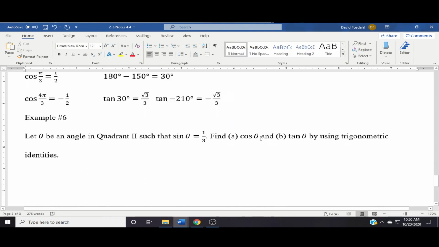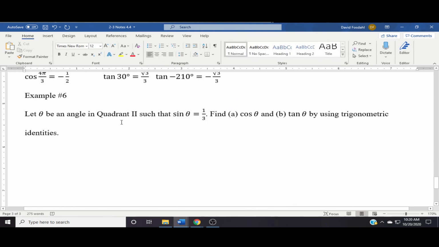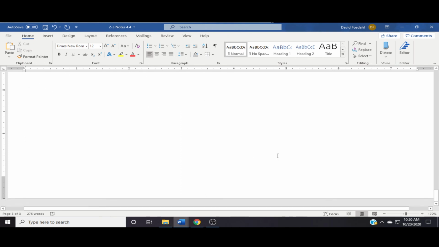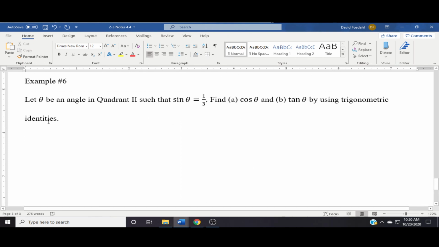I think you can do this one. Remember coterminal and reference angle. And same thing with this one. I believe you can do both of these. This one is going to be using trig identities. Remember, sine and cosine are related, with sine squared plus cosine squared equals 1, and tangent. So I'm just going to put the hint.